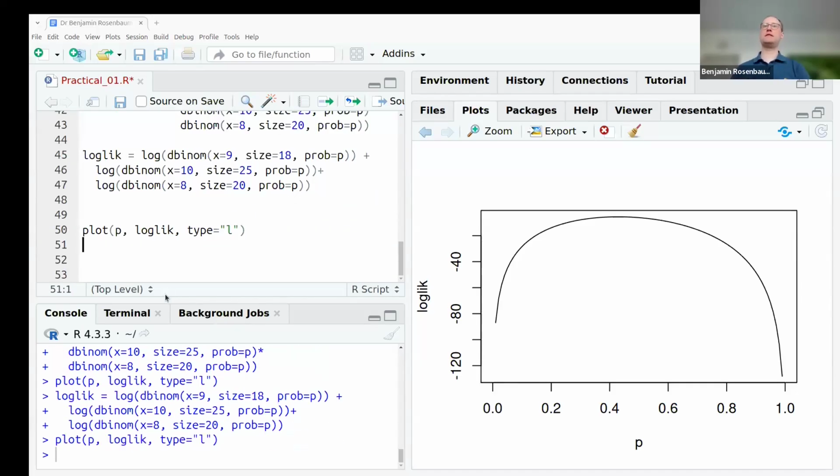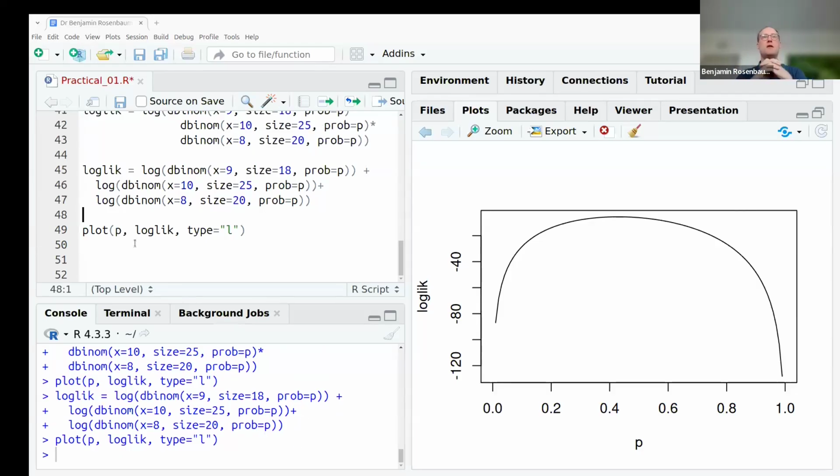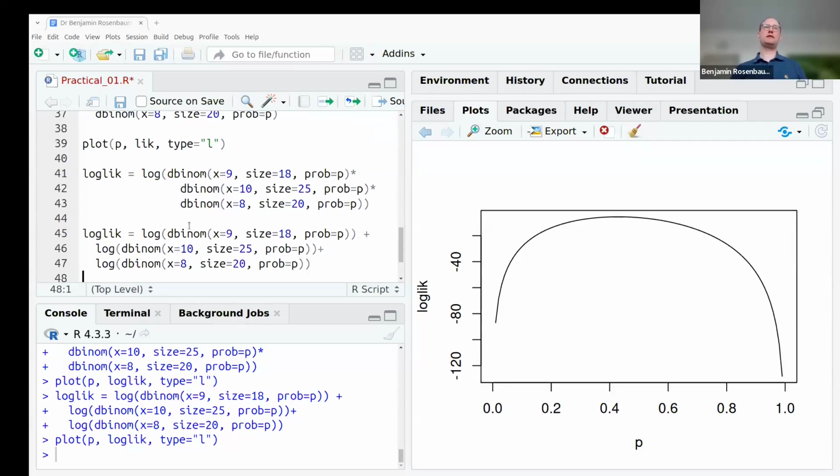If I plot this again, it's the same, right? And this is usually how things will be computed. You do not use the likelihood value, but you use the log likelihood, and it can be computed in this computer-friendly fashion, such that we do not get any numerical errors.